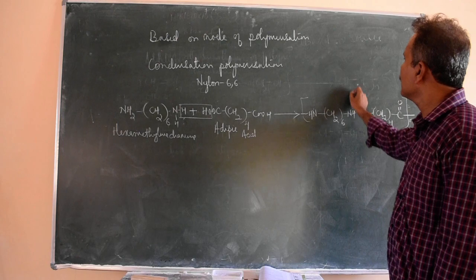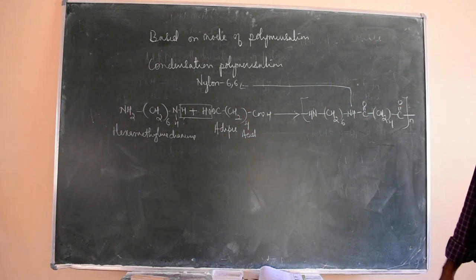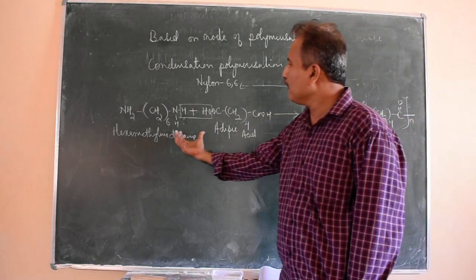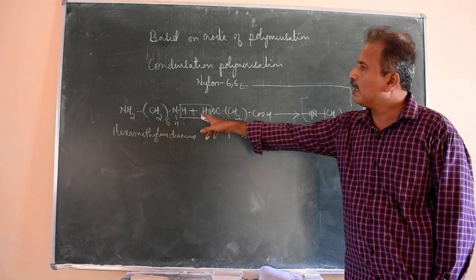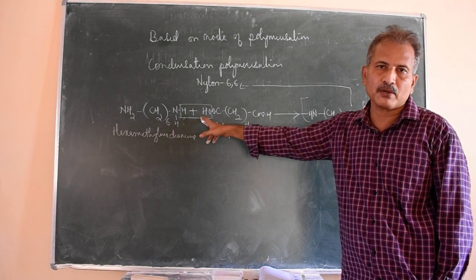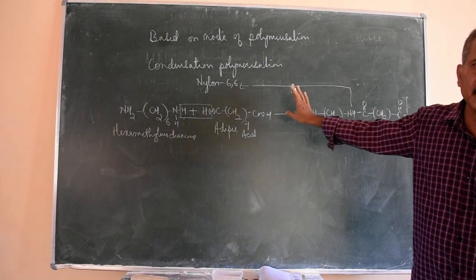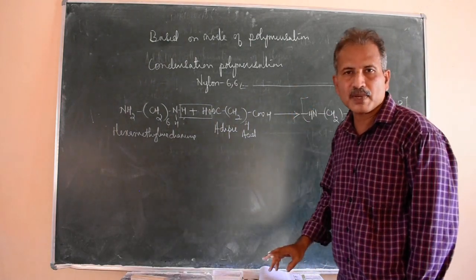So that is your nylon 6,6. This is an example of condensation polymerization, where we are combining a molecule of hexamethylene diamine with adipic acid by removal of one water molecule. So based on the mode of polymerization, this is the second class we get, condensation polymers or condensation polymerization.